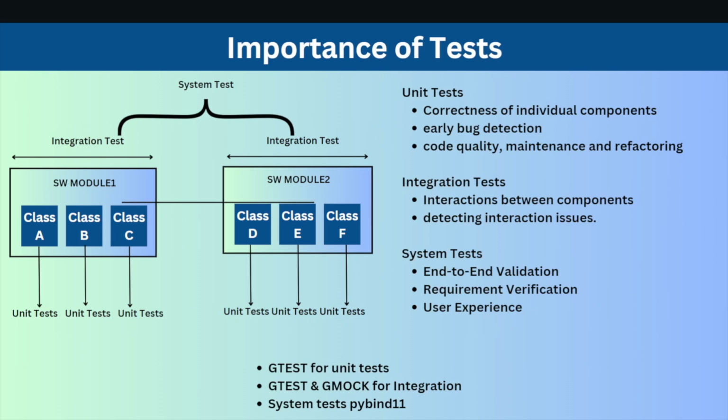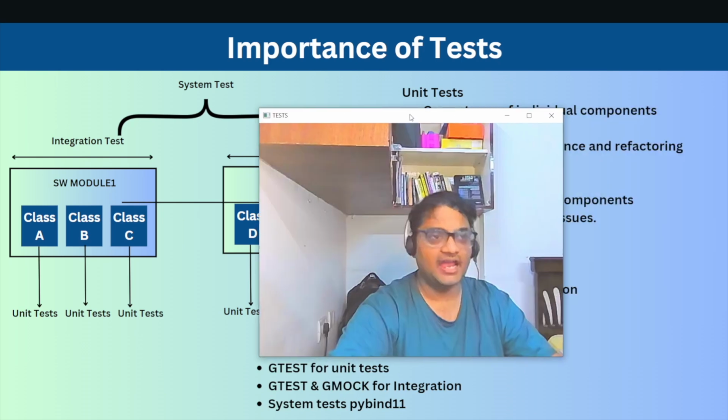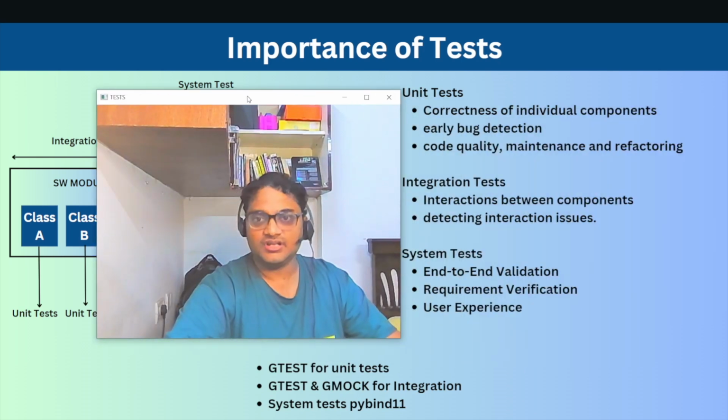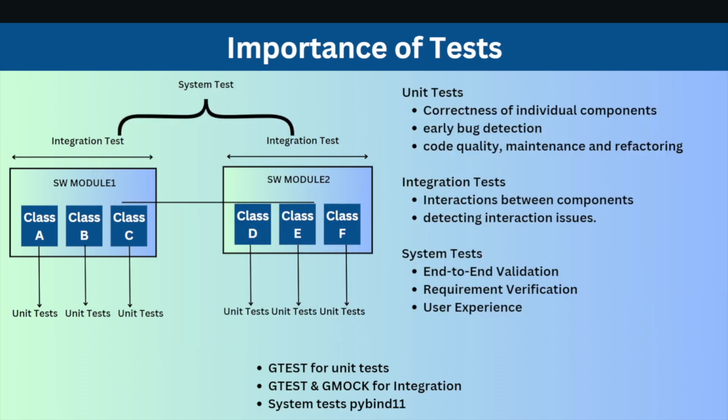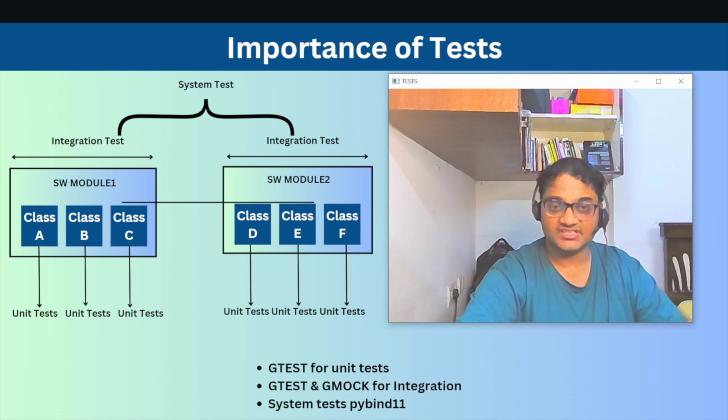So we will generally write a lot of system tests which do not disturb the system. And what are the frameworks we use for tests? If your project is C++, or if your source code is written in C, since our Multimagics backend, the native code, is in C++, we are using GTest for unit tests.